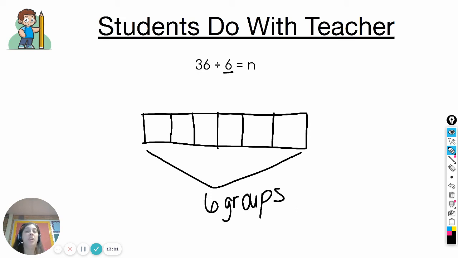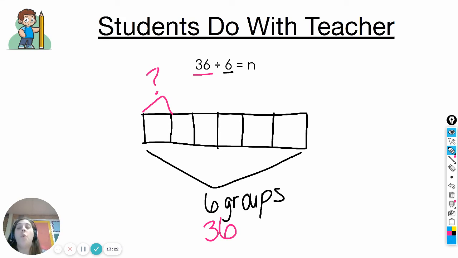Okay, now we know our total is 36, which means we're going to have 36 dots all together. But we don't know how many dots go in each group. So we're going to do the same thing that we did before.